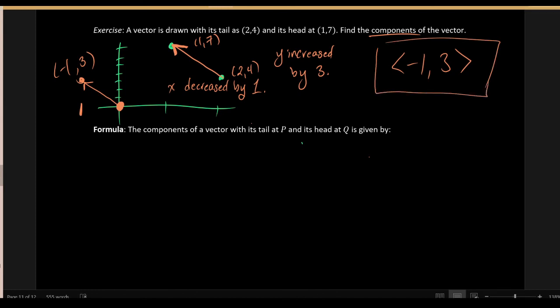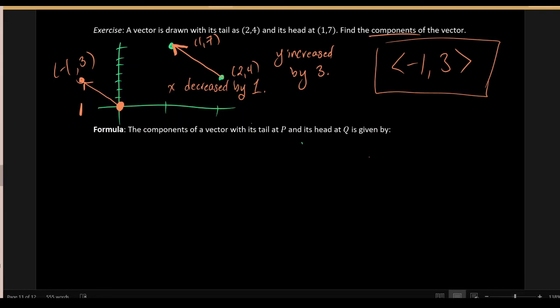Now there is a way to quickly get the components of the vector without having to go through the process of drawing the vector and moving it so that it originates from the origin. This is especially useful in three-dimensional space, where drawing vectors accurately can be a bit bothersome.